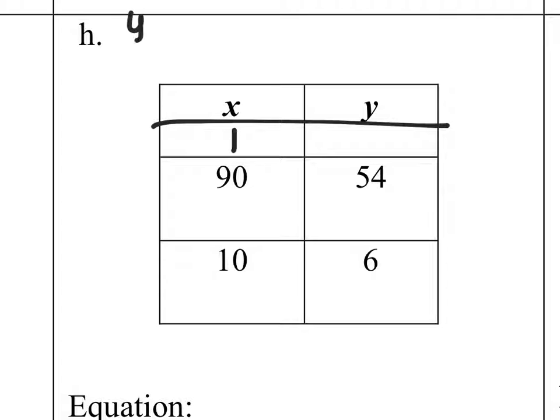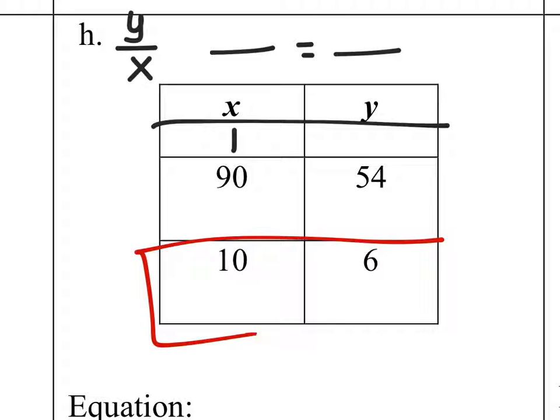So we'll have to figure that out on our own. Again, I always put my fractions as the y's over the x's. I've got two equal ratio fractions. And which of the two values do you guys want to use? 90, 54, 10, 6. 10, 6. So let's use this one, where my y is 6 and my x is 10. And specifically, we want right here the x to be a 1.